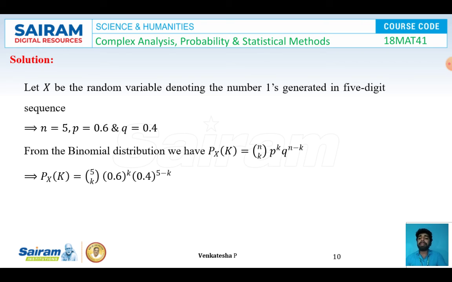Now I'll be replacing all these values in the binomial distribution formula. So from the binomial distribution, we have the formula P x of k is equal to nCk p power k q power n minus k. So after replacing n is equal to 5, p is equal to 0.6 and q is equal to 0.4, I got P x of k is equal to 5Ck (0.6) whole power k (0.4) whole power 5 minus k.